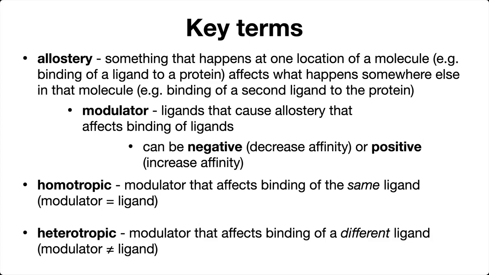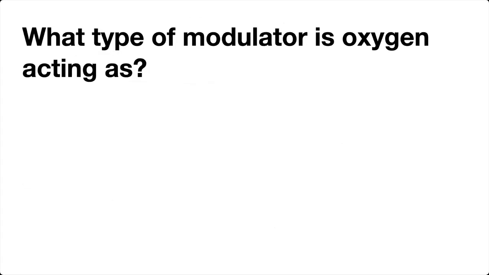The opposite would be a heterotropic negative modulator. So hetero, different. A heterotropic modulator is where a modulator affects the binding of a different ligand. So your modulator is not the same as the ligand. Whereas with homotropic, it is the same as the ligand. I mean, it's like a different copy of the same chemical molecule.